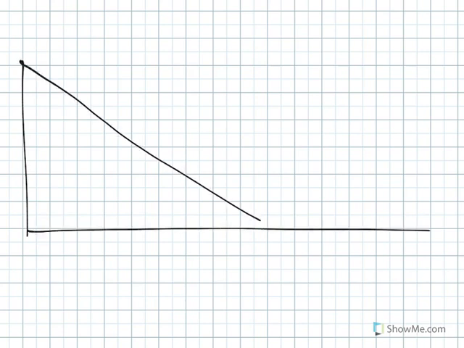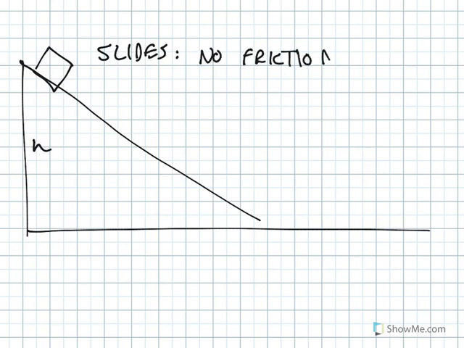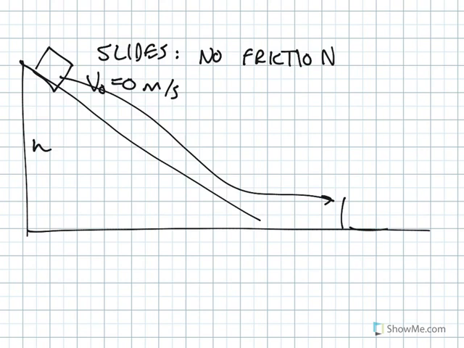So here's h, and here's something we're going to slide with no friction. It starts off at rest, so V naught is 0 meters per second. We did a lab like this with the little carts, the Hot Wheels. And so down here, what is V final?